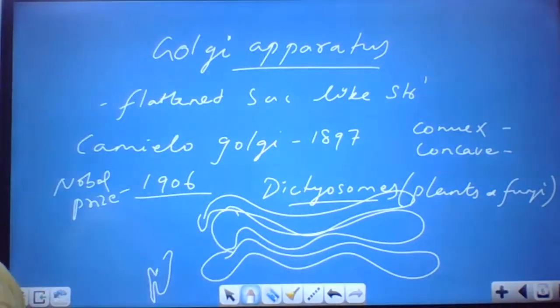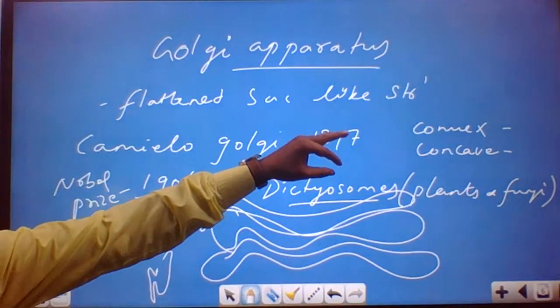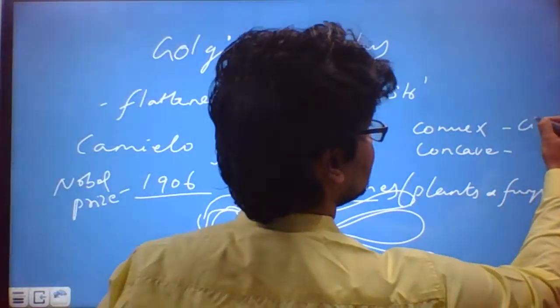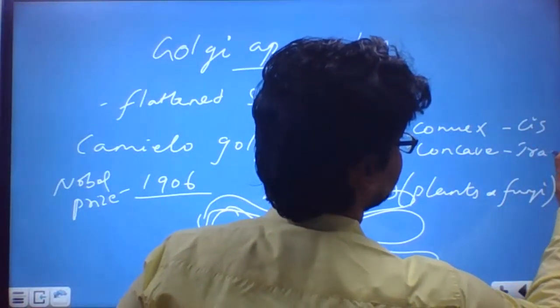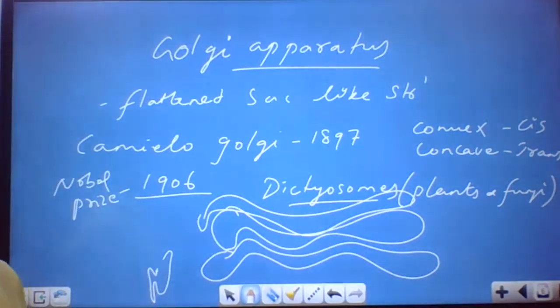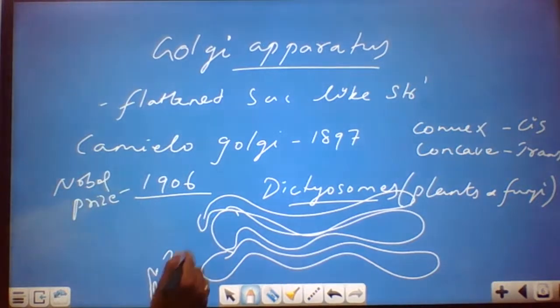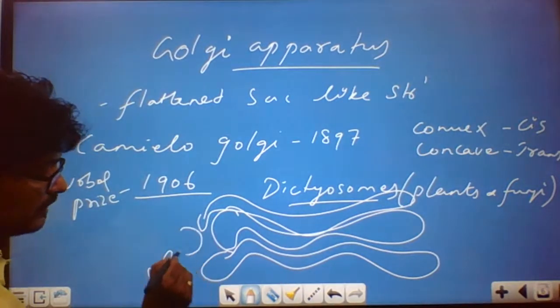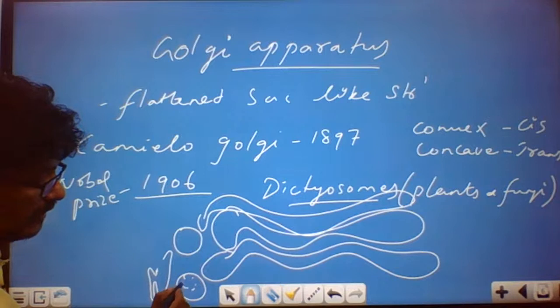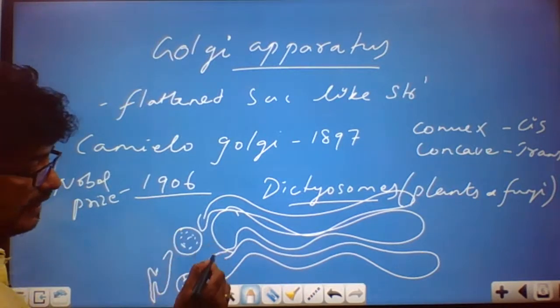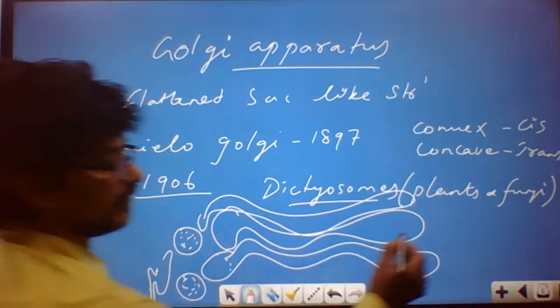The convex side is called the cis face, and the other one is called the trans face. You can also see the production of lysosomes from the vesicular part. These vesicle-like structures bulge out at the terminal part.